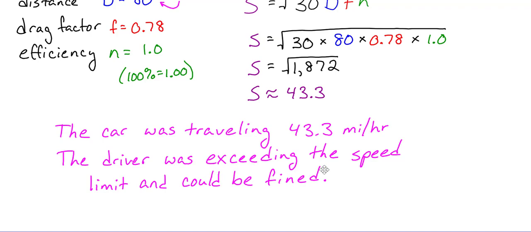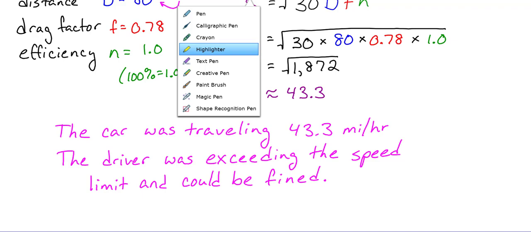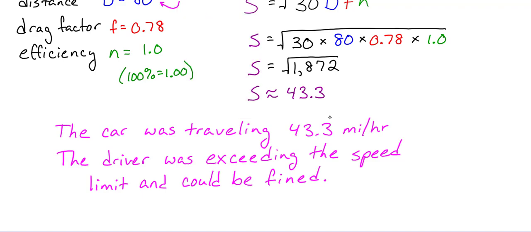The driver was exceeding the speed limit and could be fined. Just a reminder, when you're doing problems, sometimes instead of listing miles per hour, it could also be written as mph, to represent the miles per hour.